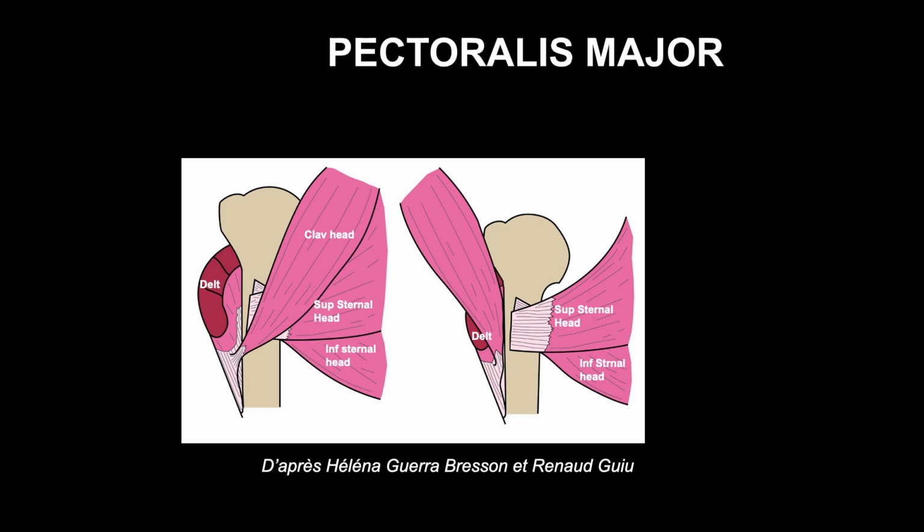This clavicular head has a close relationship with the deltoid, and we find this V or U-shaped form between the deltoid and clavicular head, often called the deltopectoral tendon. Some describe this deltopectoral tendon as separate from the main sternal tendon, passing in front of it and inserting with the deltoid lower down on the anterior lateral humerus.